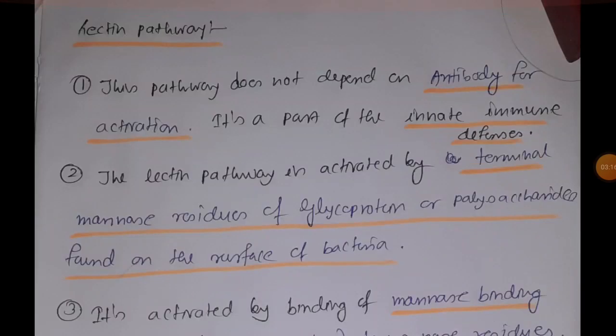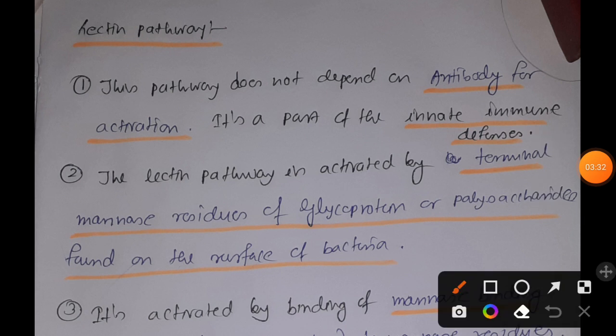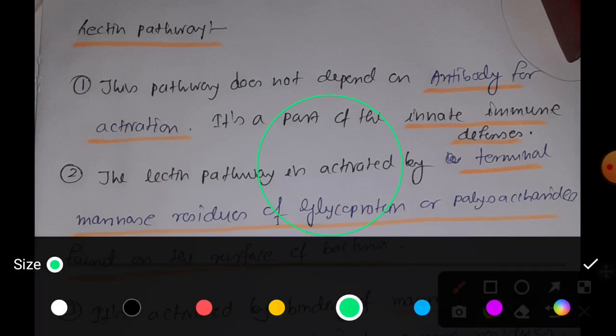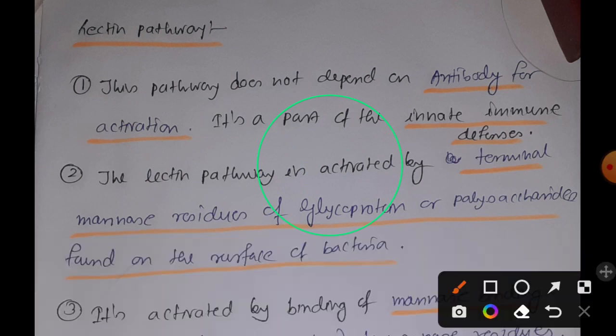So we have learned that lectin plays the role of activator. Now the question is, what kind of bacteria are at risk from the lectin pathway? Although bacteria are either spherical or rod shaped, here I am taking a circle to designate bacteria.